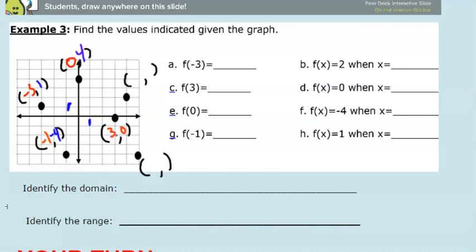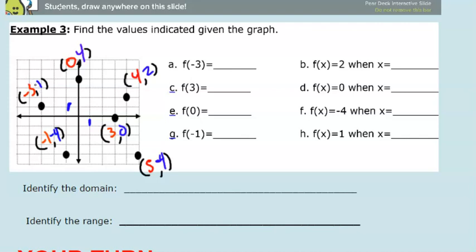This one would be (4, 2). And then this point right here would be (5, -4). Okay, so f of -3.